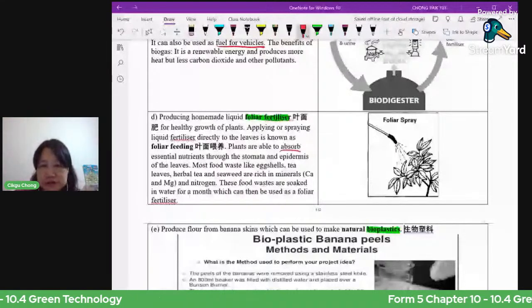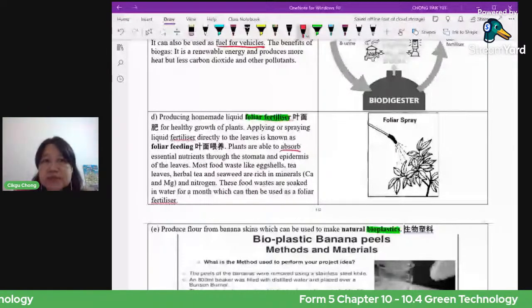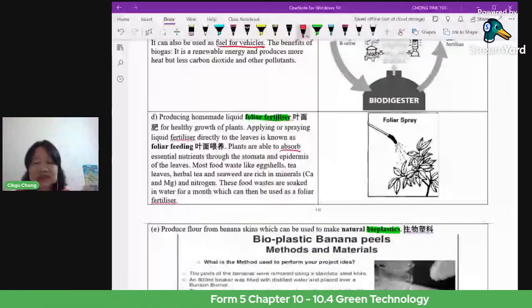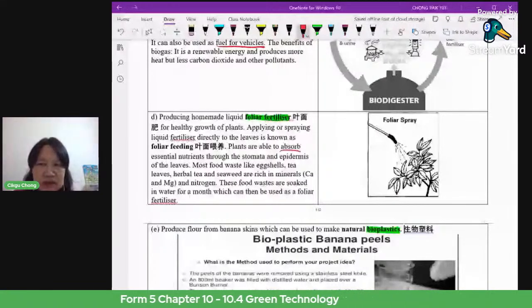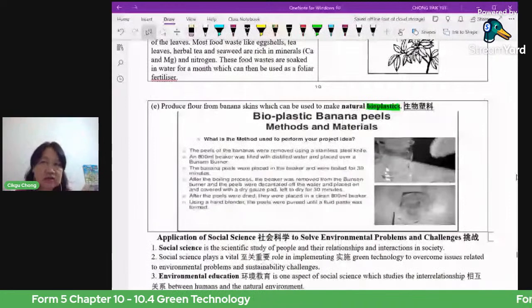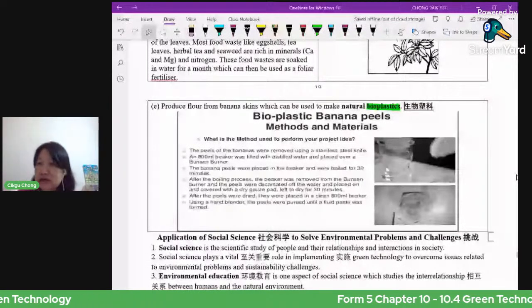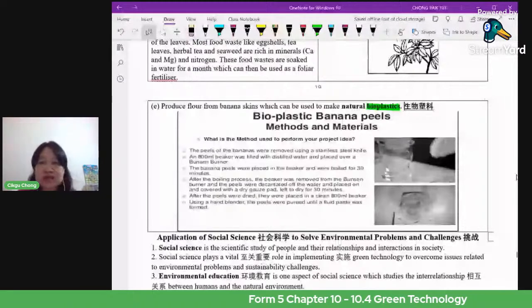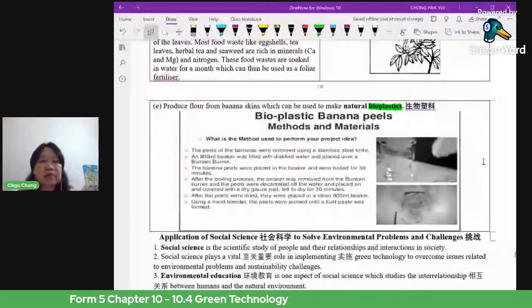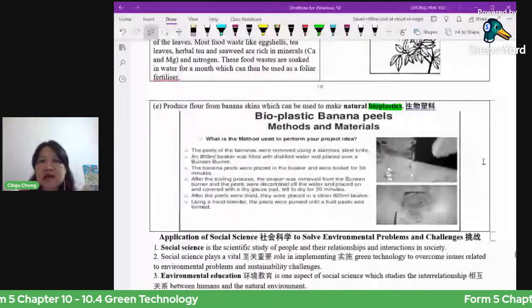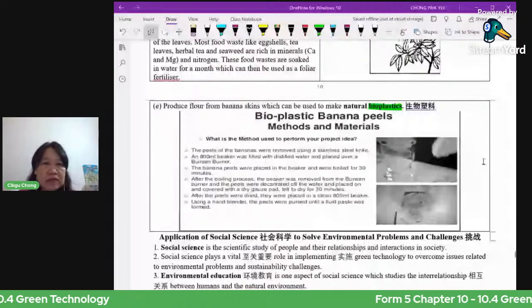Okay, another one, produce bioplastic. This is interesting. I've done that with an invention group that I ran 2 years ago. We made bioplastic with banana peel. All right. Imagine there are a lot of things you can actually explore. Who would have thought that banana peel can be used to make bioplastic? In fact, not only banana peel, there could be other stuff that nobody has even discovered yet that you can use to make bioplastics.